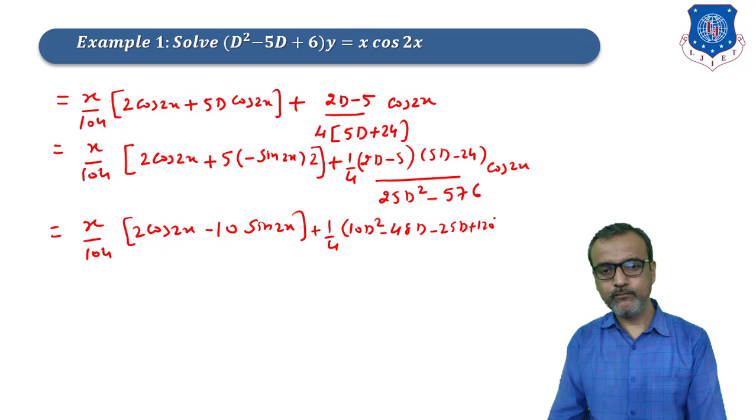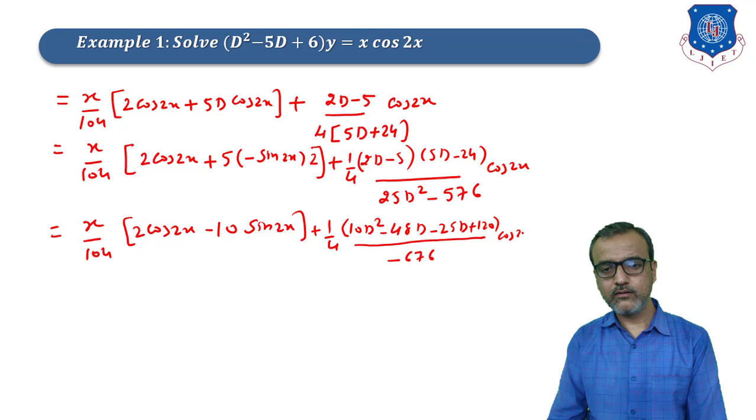Now in the denominator we will just replace d square by minus 4. Minus 4 into 25 minus 100, minus 100 minus 576, that is minus 676 cosine of 2x.